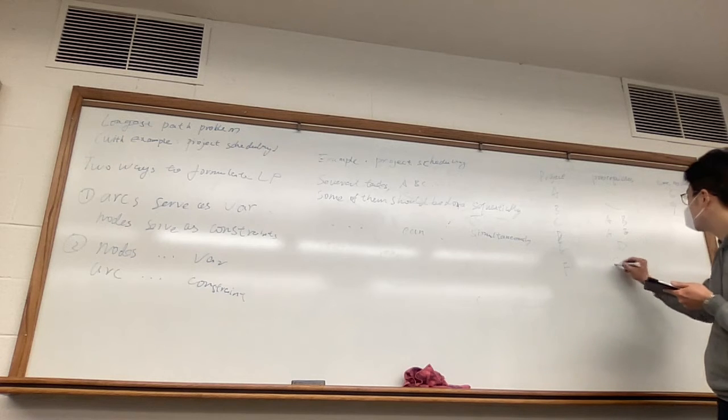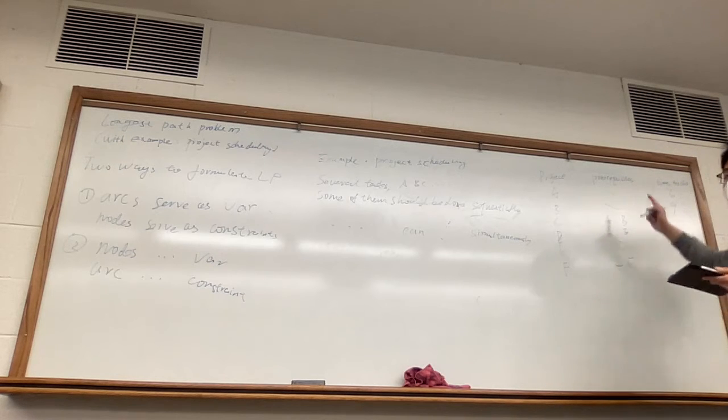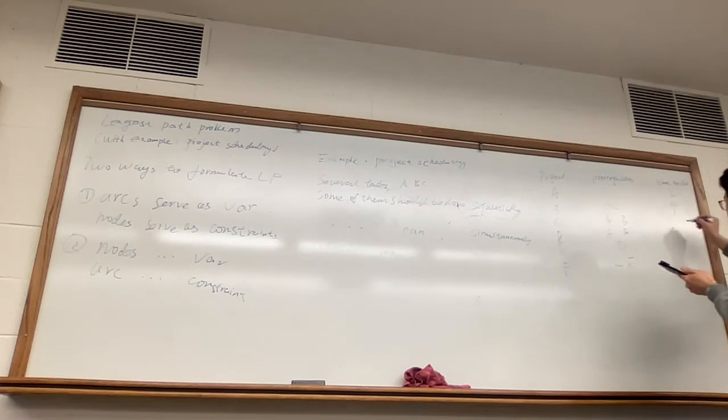And for F, you need C and E. This is just an example, so feel free to copy it. Let me complete the numbers. The first column is the project, the second column is the prerequisites of this project, and the third column is the time to complete this project.